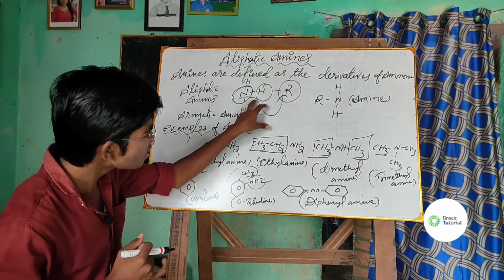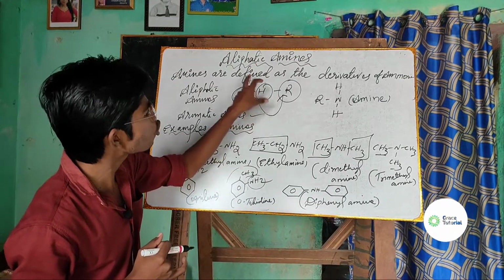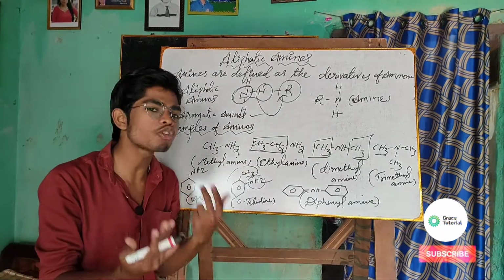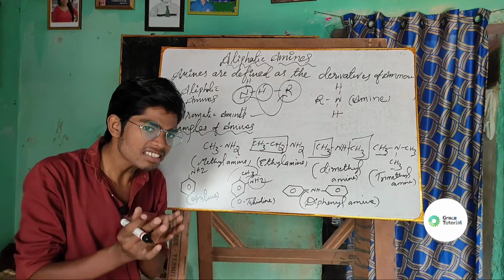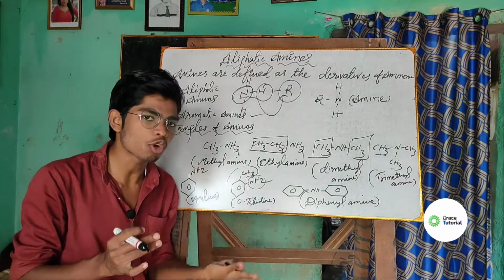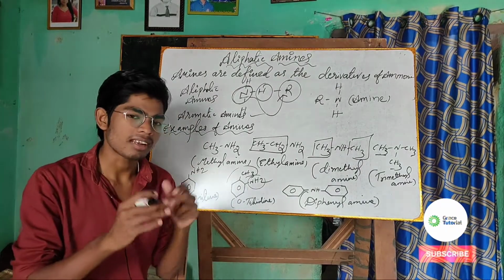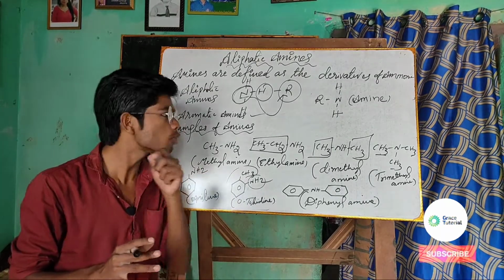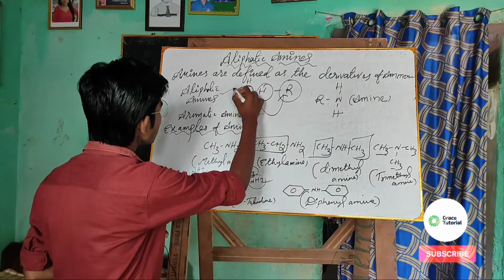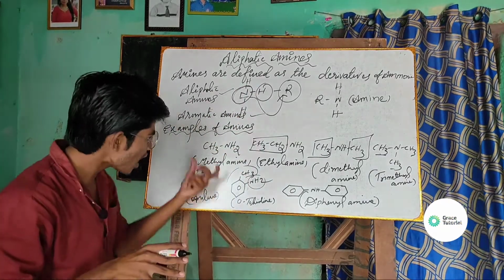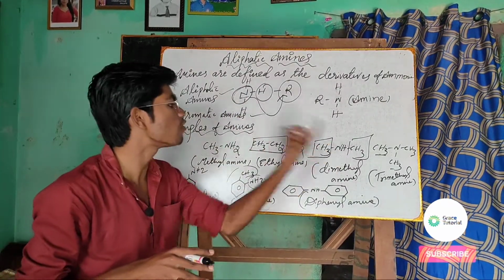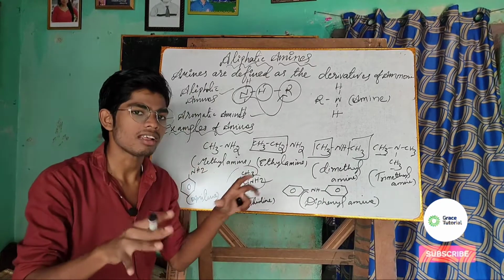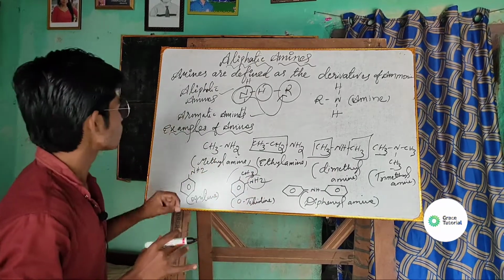I have ammonia NH3, and if one hydrogen or two hydrogens or more than two hydrogens are replaced by the alkyl group or the aryl groups, then amines are obtained. If those hydrogen atoms are replaced by the alkyl groups, then those amines are called the aliphatic amines, of which I have just shown you examples, where the direct chain, the open chain, is there.